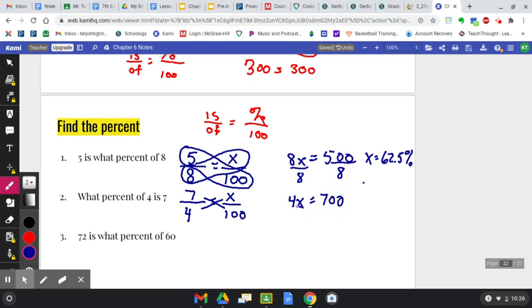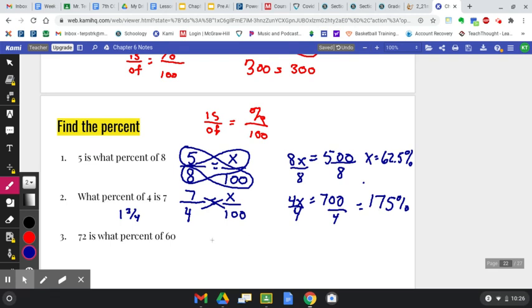So I'm going to divide both sides by 4, and we get 175%. That should make sense because if I were to turn that into a mixed number, it'd be 1 3/4, which is 1.75, which is 175%.